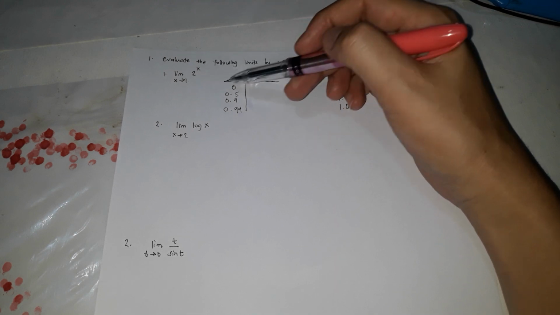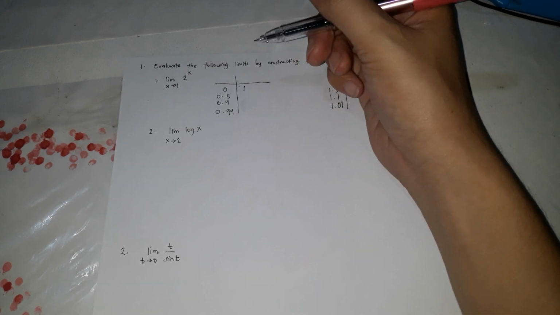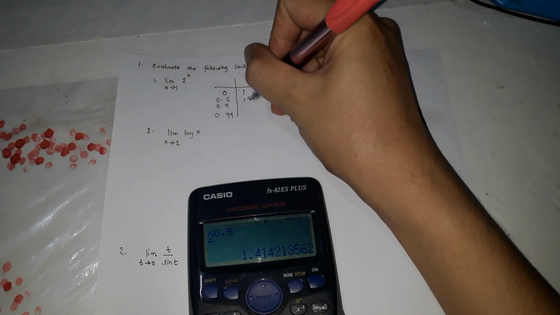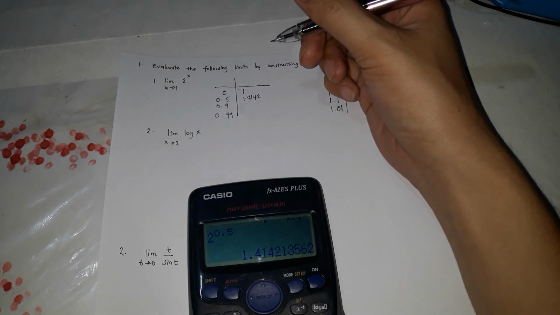So what we're going to do is substitute it to the x. So 2 to the x would become 2 to the 0. And in the calculator, any number whose exponent is 0 is 1. Next, 2 to the 0.5, that's 1.4142. So next is 0.9.